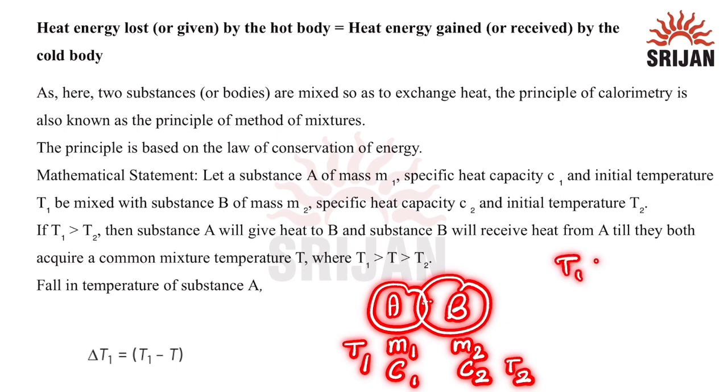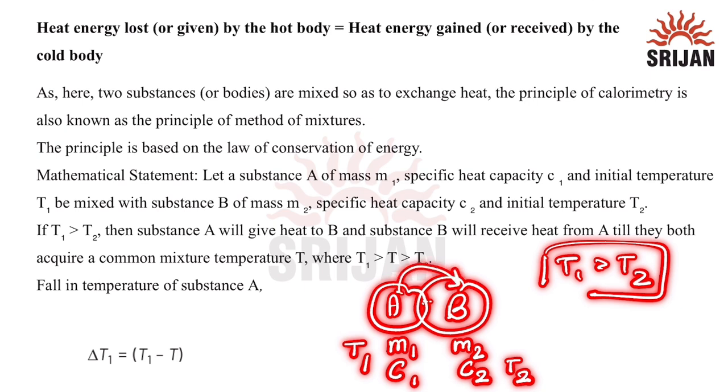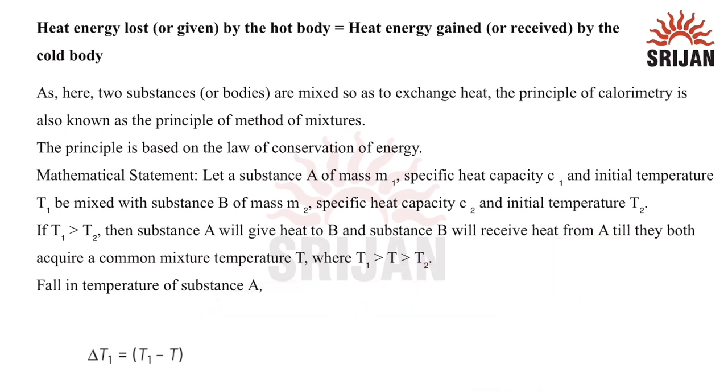If T1 is greater than T2, then heat will transfer from A to B, or A will give heat to B, or substance B will receive heat from A, till both temperatures become equal. Both will attain a temperature T. This temperature T will be less than T1 but greater than T2.